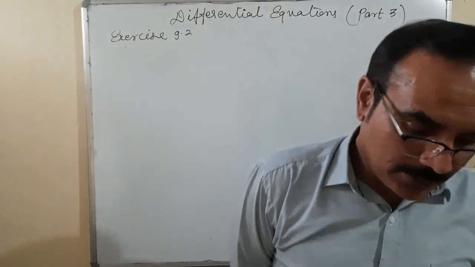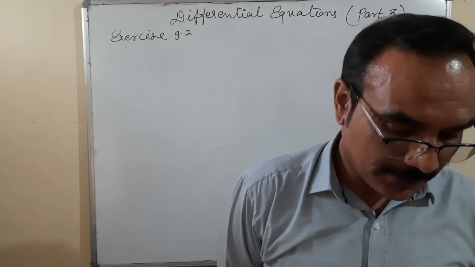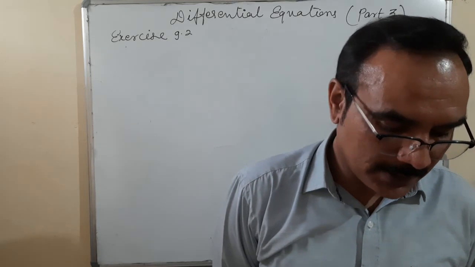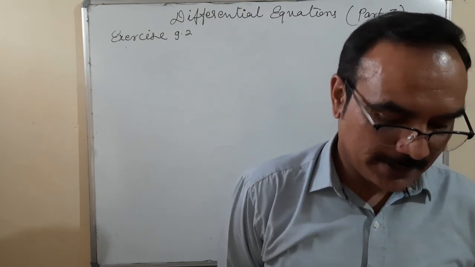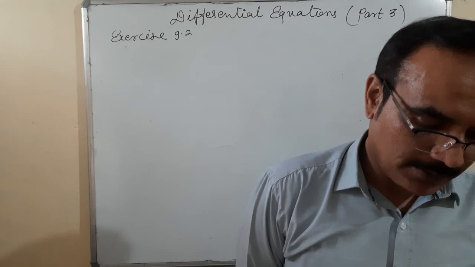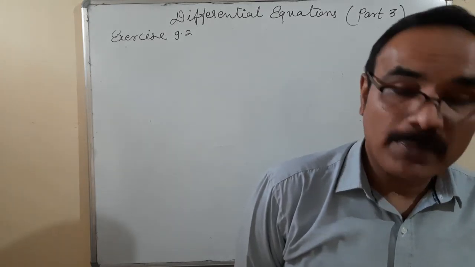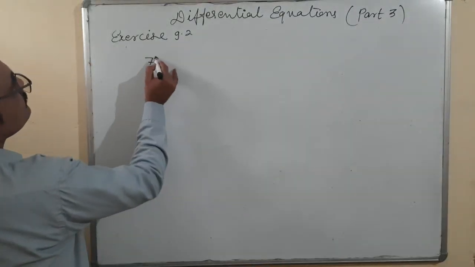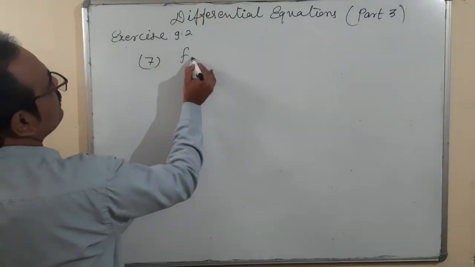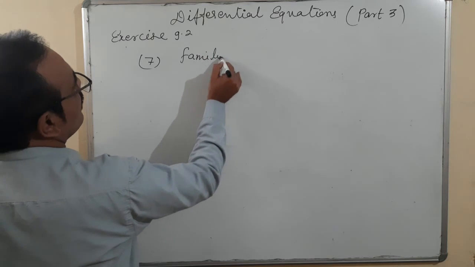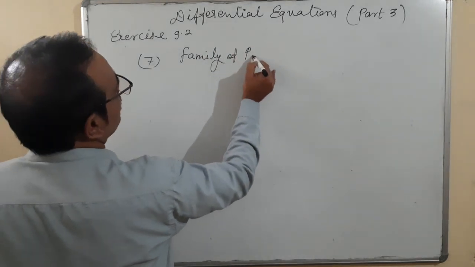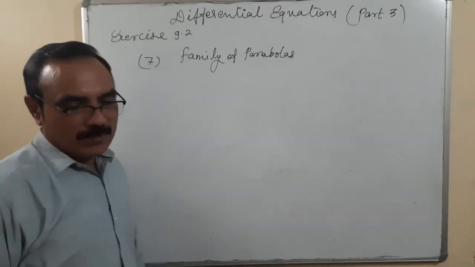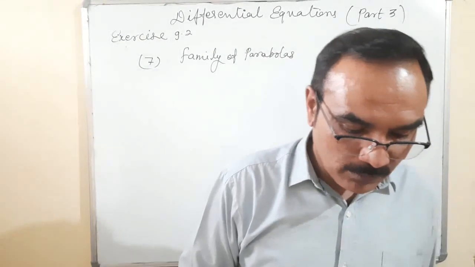Now let us take question number 7. Form the differential equation of the family of parabolas having the vertex at origin and axis along the positive y-axis. Form the differential equation of the family of parabolas. Which type of parabola?